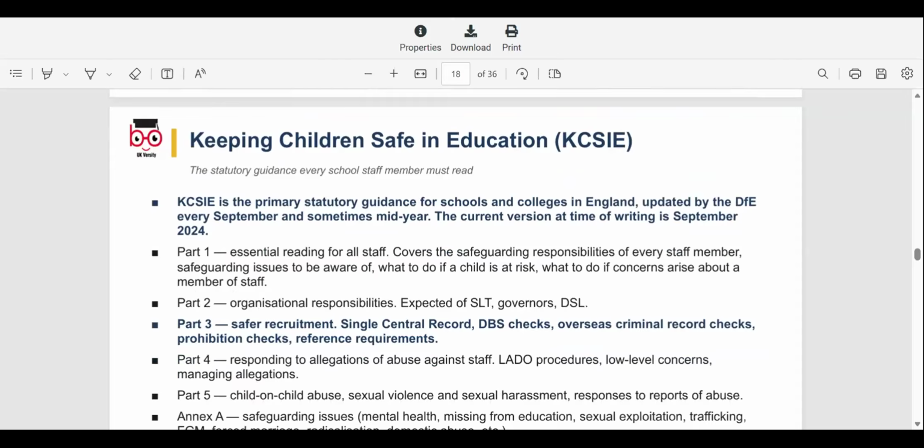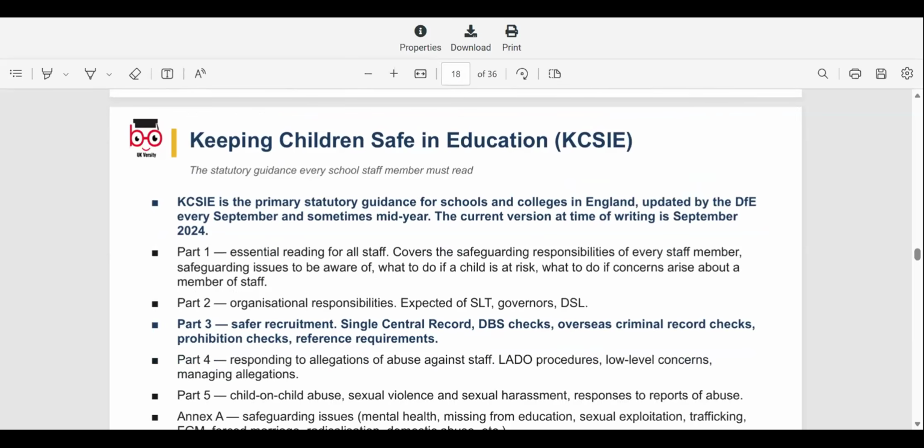We've got the Keeping Children Safe in Education, KCSIE, and this is guidance issued by the Department for Education and sets out legal duties schools and colleges must follow to safeguard children under the age of 18.